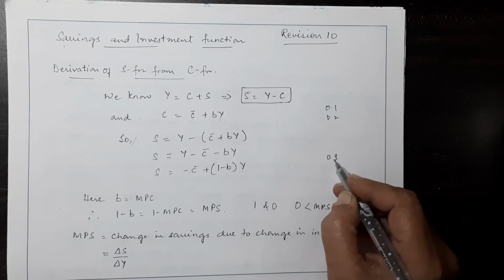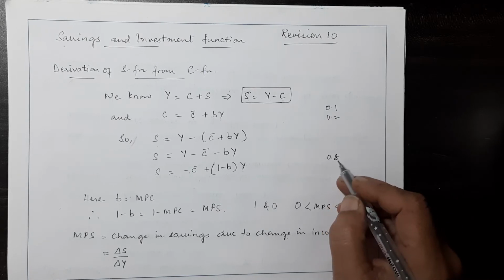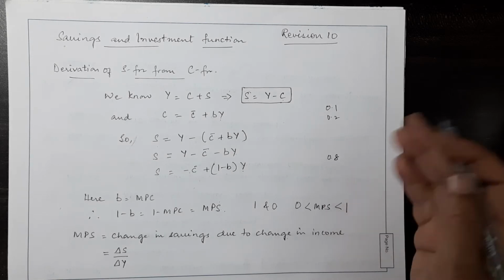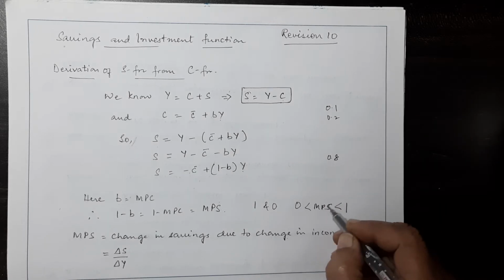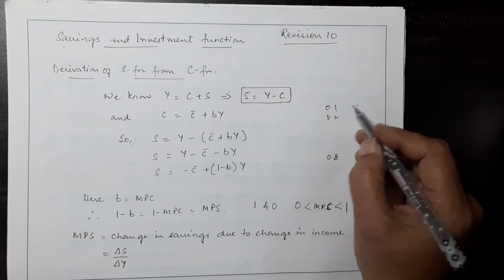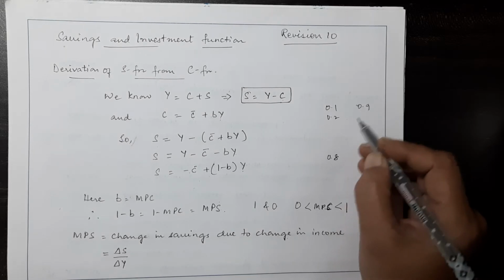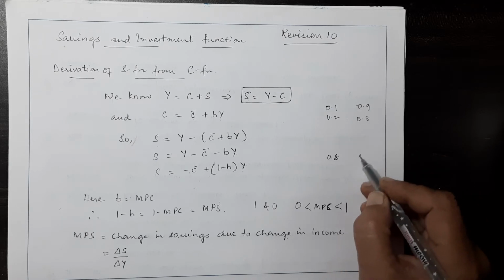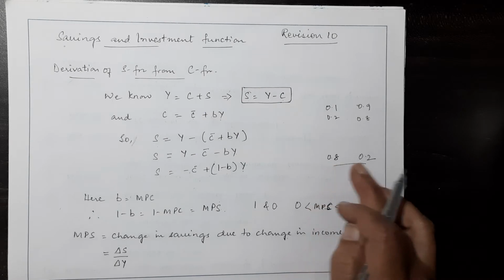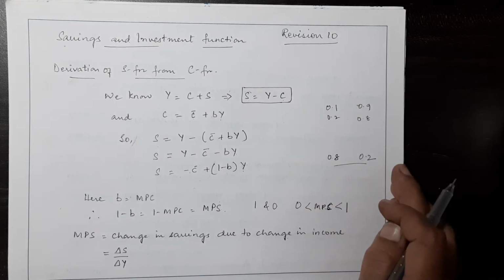Generally MPC is taken to be 0.8. So if MPC is 0.9, then MPS will be 1 minus 0.9, which is 0.1; if MPC is 0.8, MPS is 0.2. So MPC plus MPS should be equal to 1.